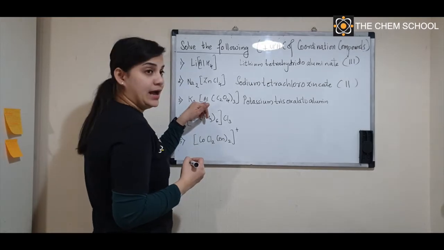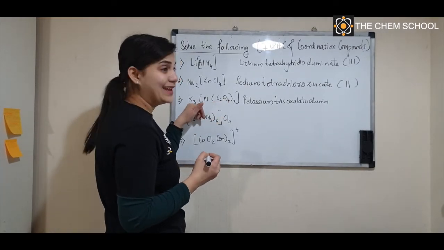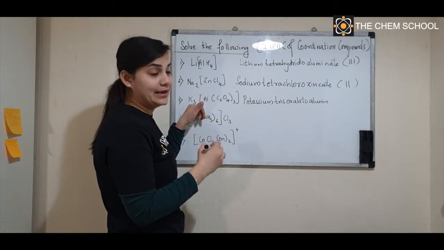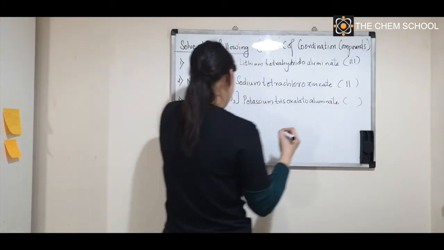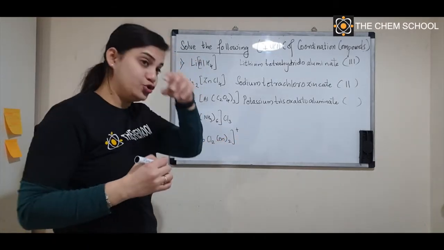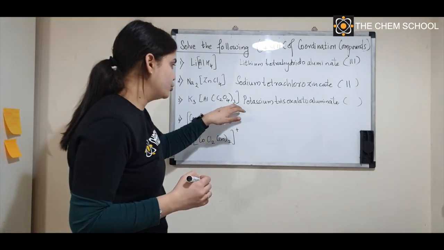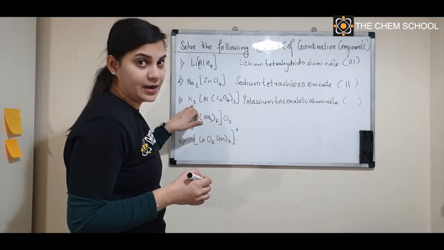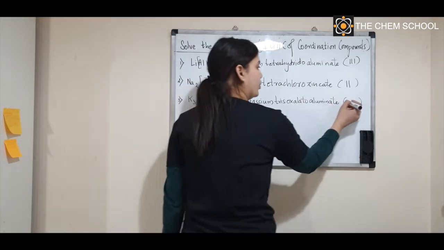Again oxalato is an anionic ligand, so you have only anionic ligands, so you will not write aluminium, you will write aluminate. So aluminate. Oxidation state: the charge of oxalato is -2, so -2 into 3 is -6, -6 plus 3 becomes -3, so only 3 is left on the other side of the equal to.